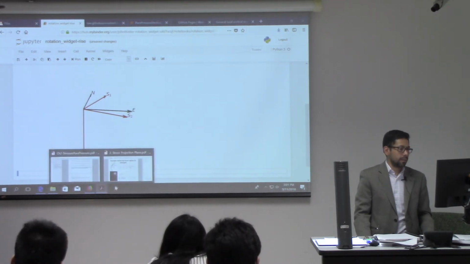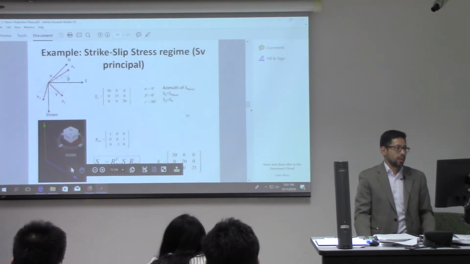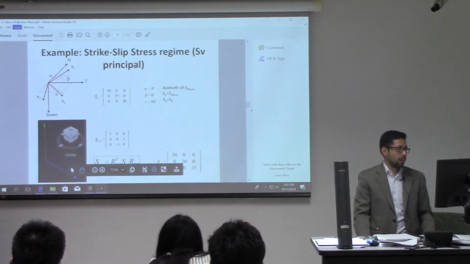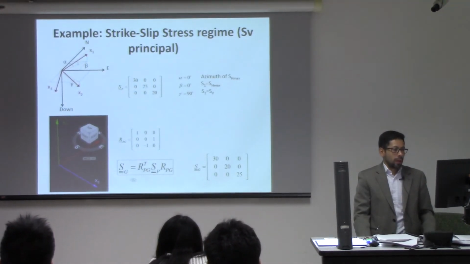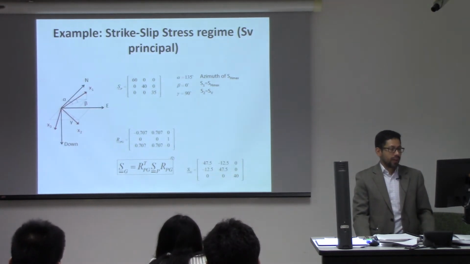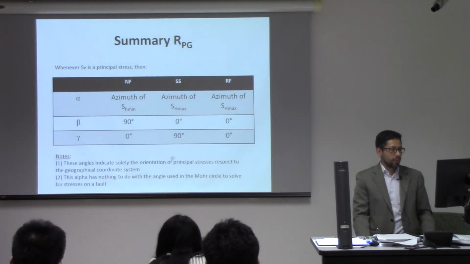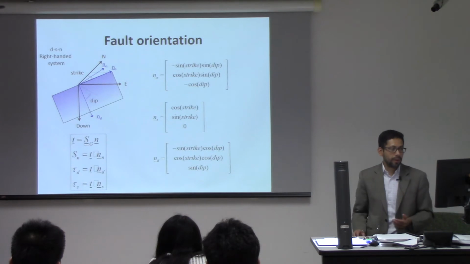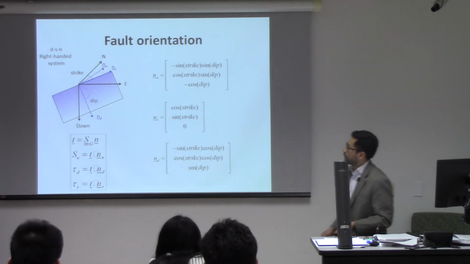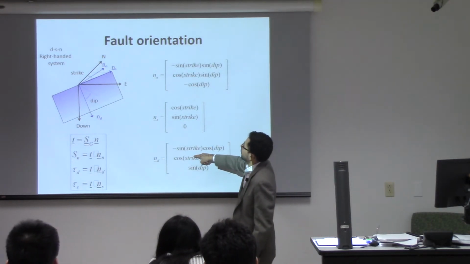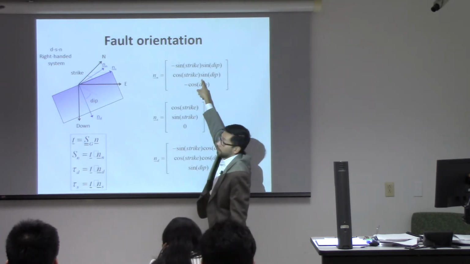But let me come back to my presentation. Now that we can calculate what is SG for an arbitrary case, now we need to know what is NN, NS, and ND. And NN is going to be that.